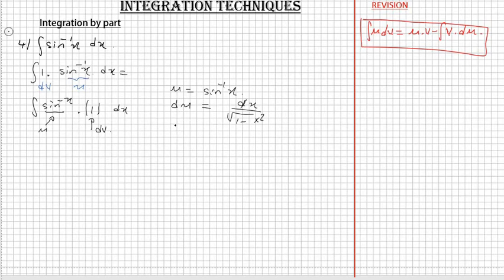If my dv is equal to 1, now what's gonna be my v? v is simply the integration of dv, which is equal to x. In other words, if we integrate 1, we get x.